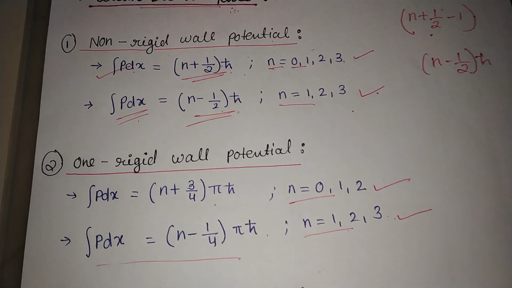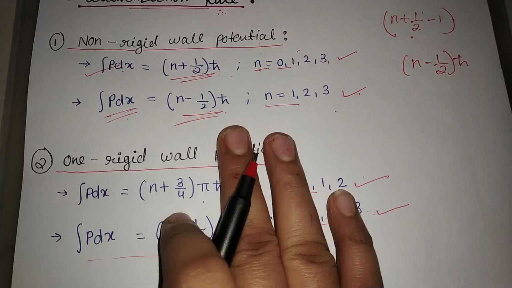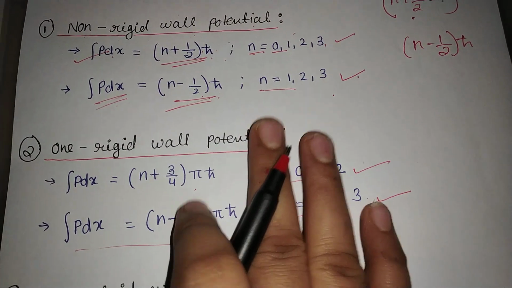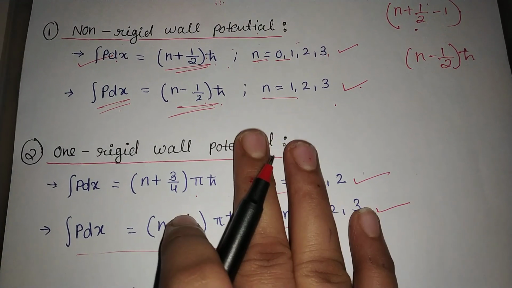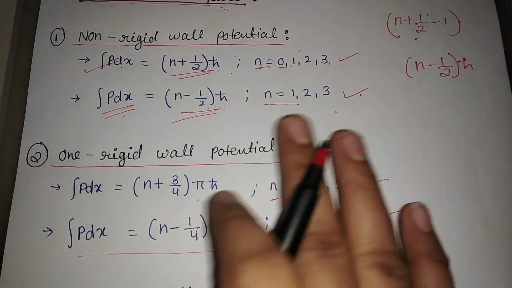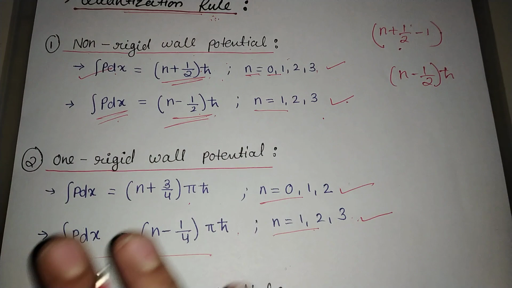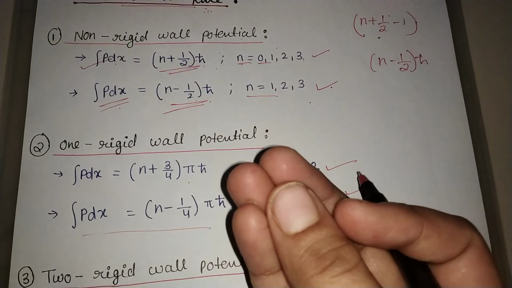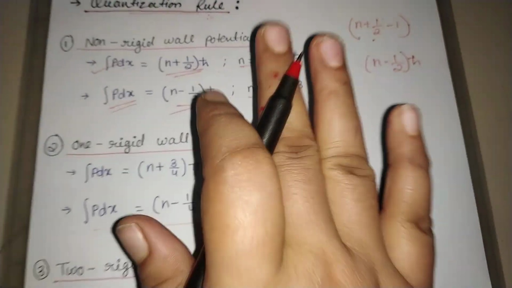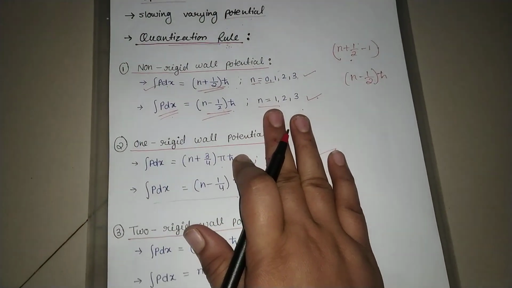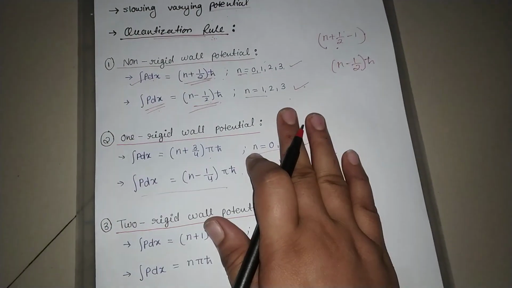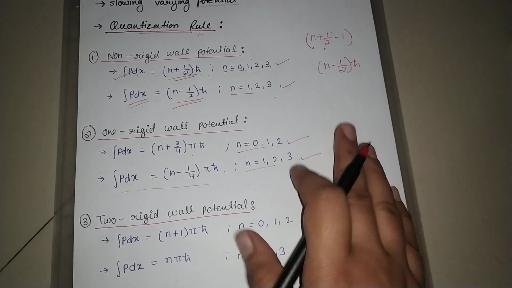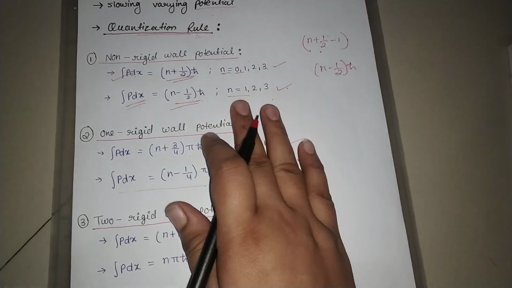Now, one rigid potential wall means what? It means one side potential is fixed and on the other side it will be varied. For example, let's throw a ball on the upside and also on the downside.